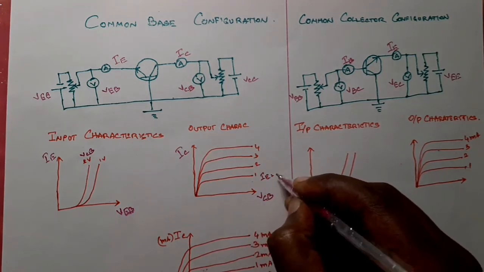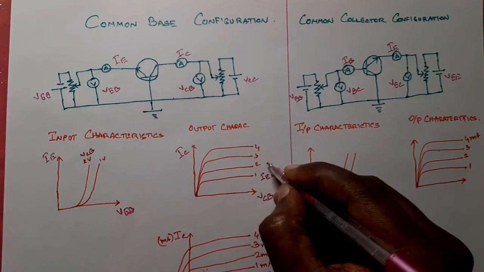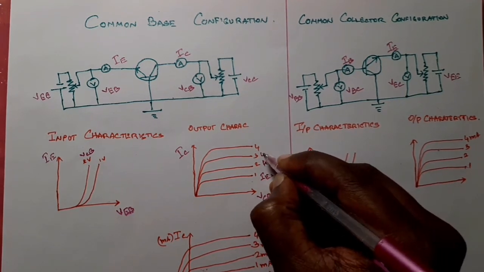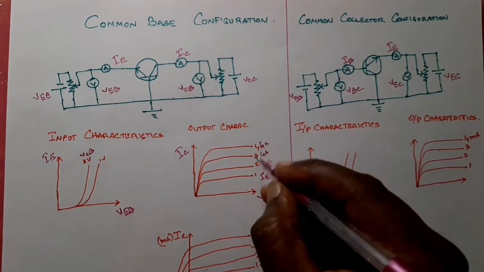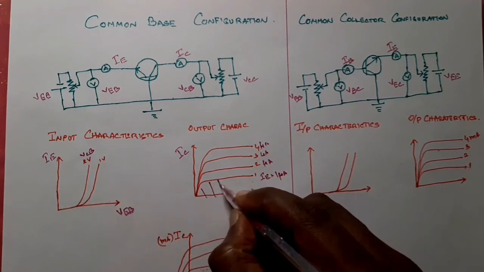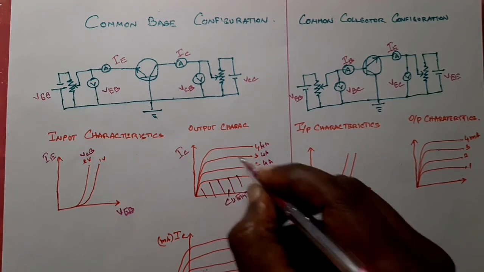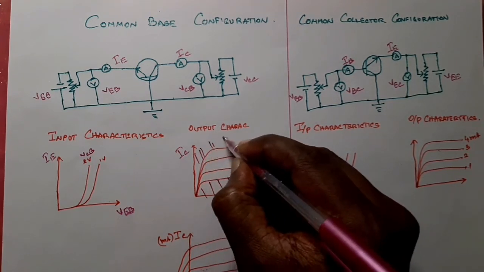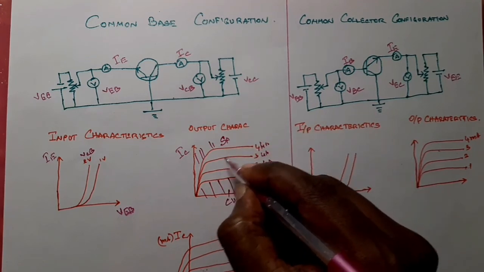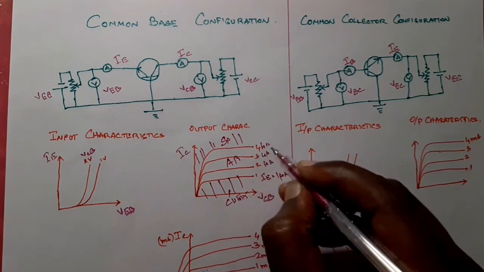So IE equals 1 microampere, then 2 microampere, 3 microampere, like that we have to put. If you do the same operation like this, this area is your cutoff region, this one is your saturation, and in between is your active region, isn't it? This is your active region.